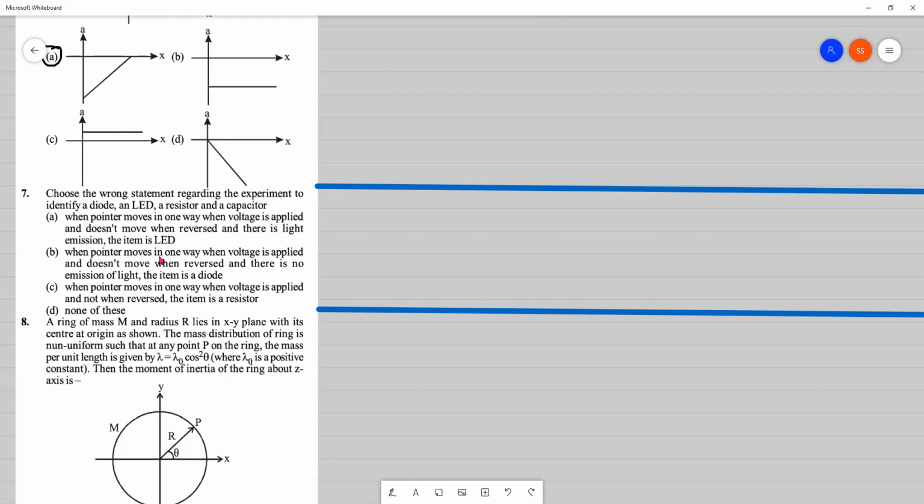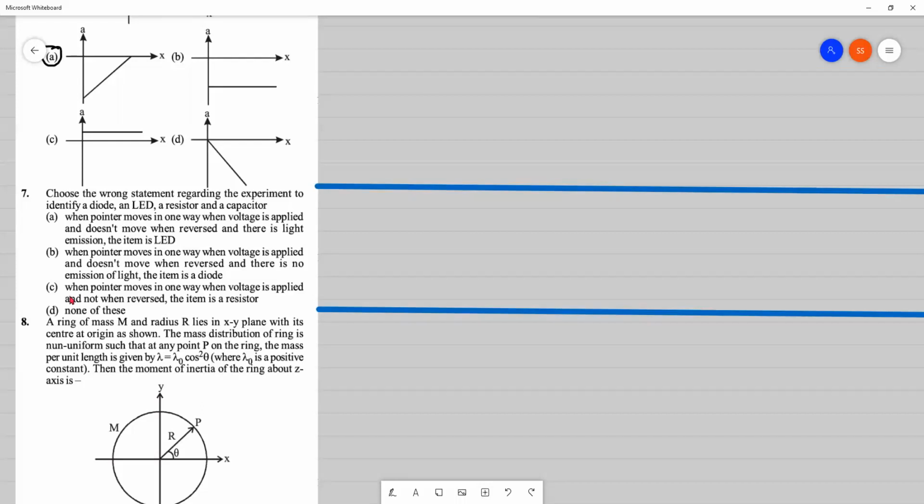Yes, this is the right statement, because for a diode also, when reversed, it does not move and there is no emission of light in an ordinary diode. Only an LED is a special type of diode where there will be light emission.